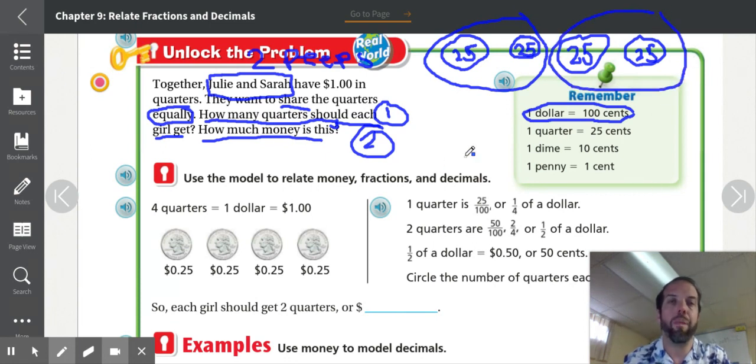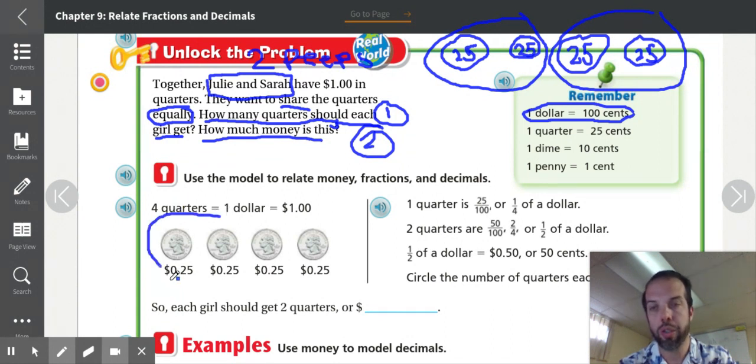Right now, Julie has 2 and Sarah has 2. That means they have an equal amount. If the word equally was not there, I could divide them up however I want. Julie could have 3, Sarah could have 1. But since the word equally is there, each girl has to have the same amount.